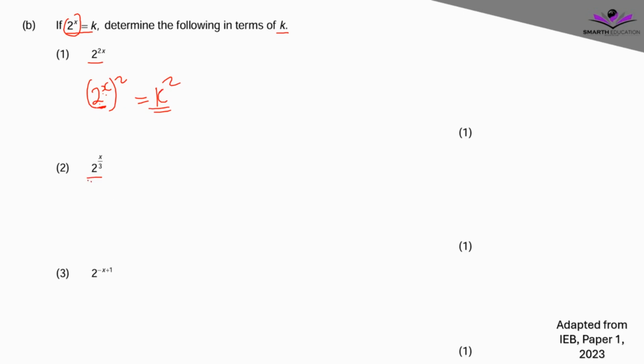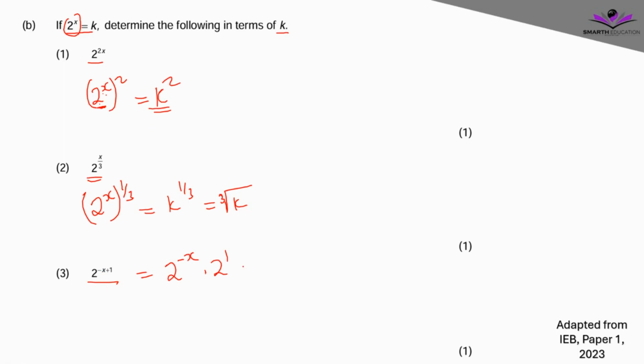And then what about this one? This is just the same as 2 to the power x to the power 1 over 3. This is equal to k to the power 1 over 3, or you can write it as the cube root of k. Right, what about this one? We want to write it with 2 to the power x. So this is like 2 to the power negative x times 2 to the power 1, isn't it?